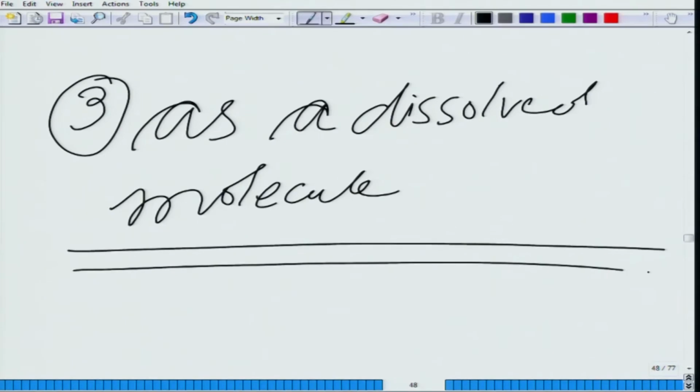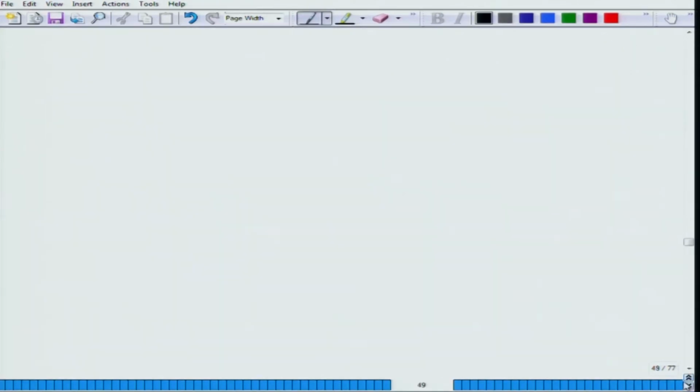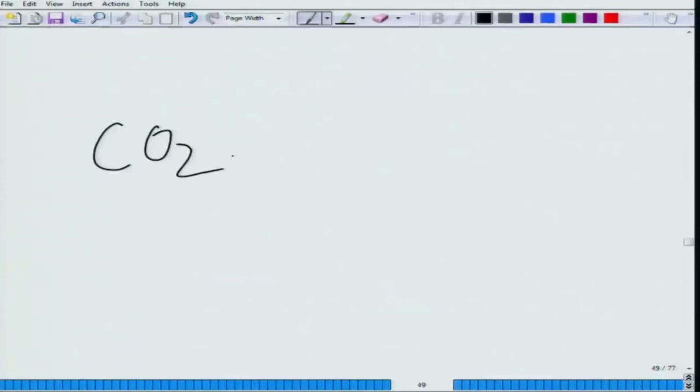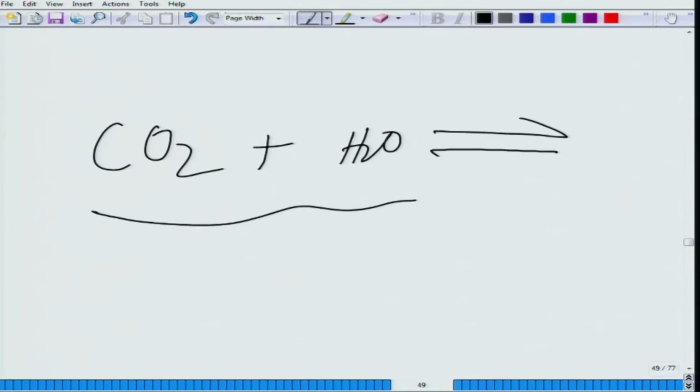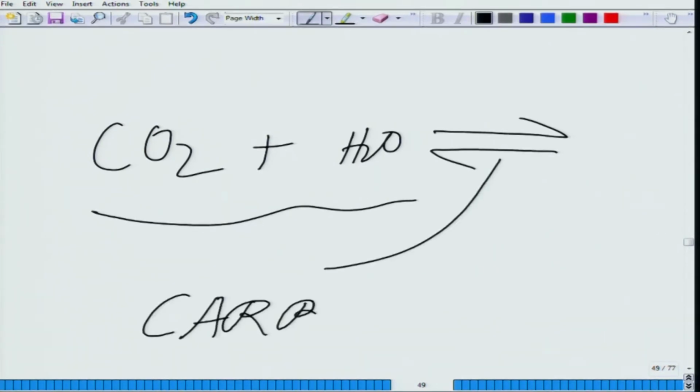I have already mentioned that these are the three different ways by which carbon dioxide can be transported. So, how does it work in the bicarbonate route? That has another significance in pH, which is why I will come back to that. When CO2 plus H2O mix, there is an enzyme present in the body called carbonic anhydrase.